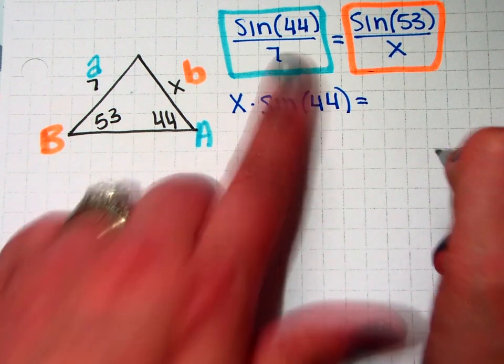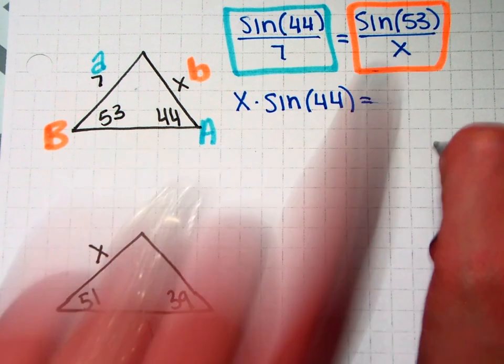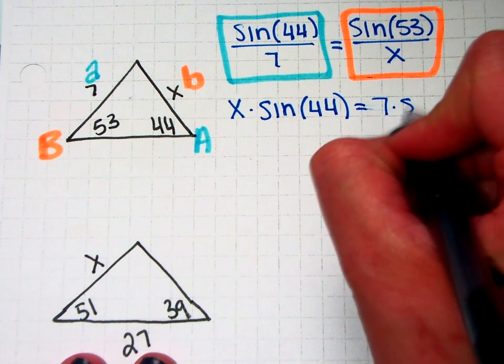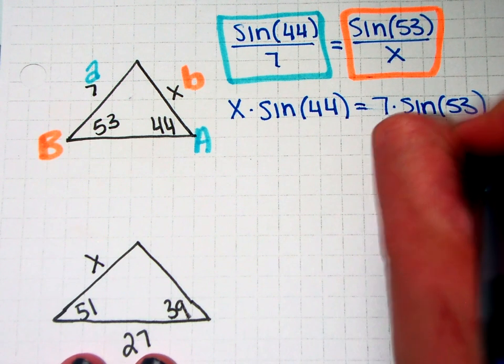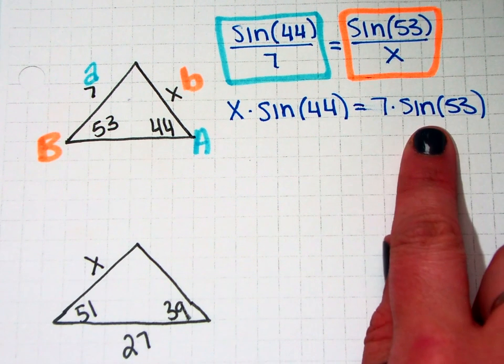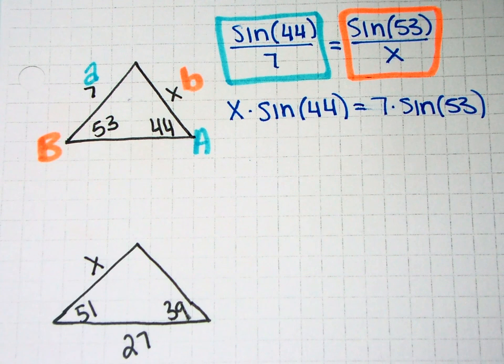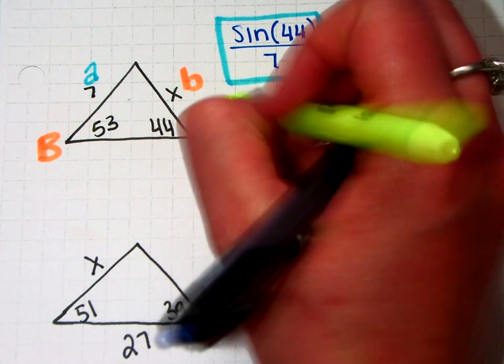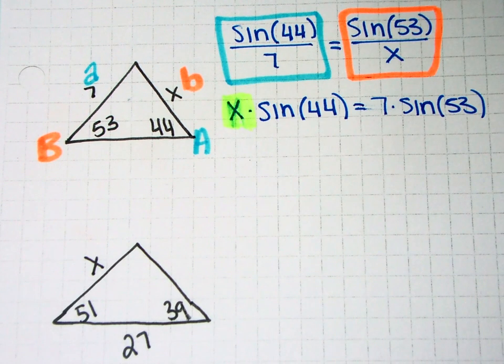Okay, next, denominator of the first times numerator of the second. So 7 times sine of 53. Now, sine of 44 and sine of 53, those are big, long decimals, so we want to contain those decimals until the last step. My variable I've located as x. In order to get x alone, this is the same thing as SOHCAHTOA.